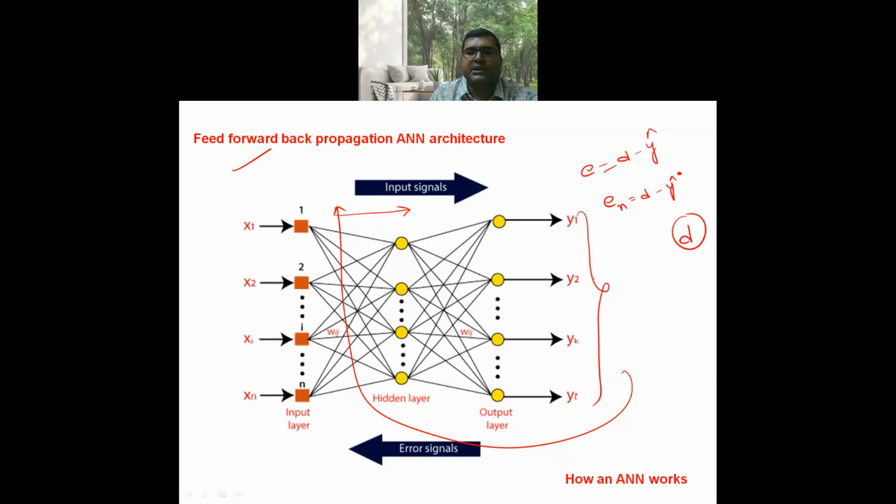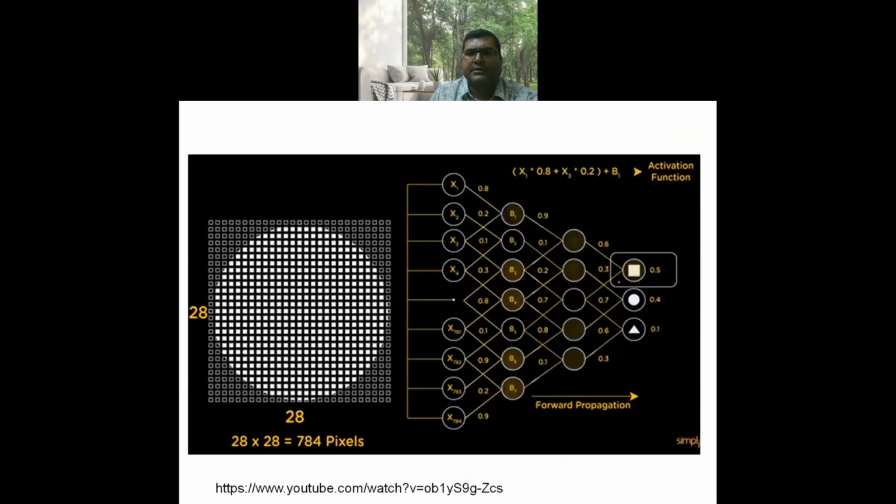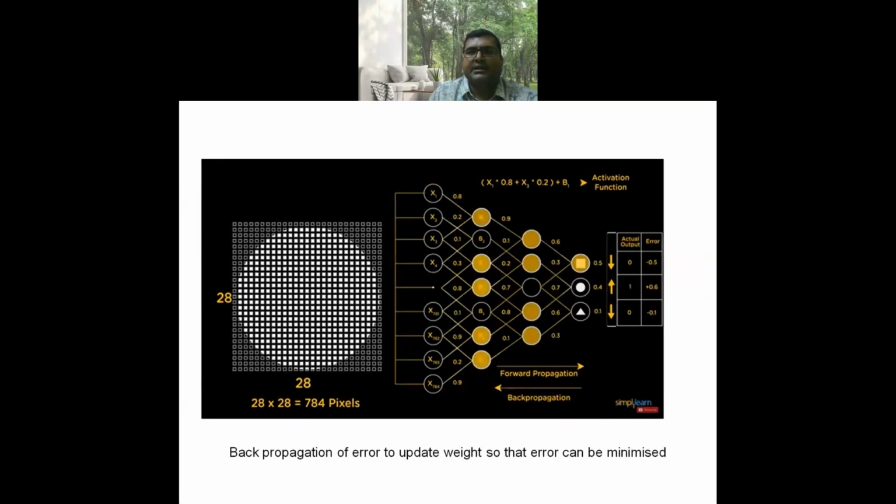And here for weight updation, we can use the least mean square algorithm or the gradient descent algorithm. Why is it called feed forward and back propagation? The signal will be propagated in the forward direction and the error will be propagated in the backward direction to update the weights. Here you can observe the output, which will be compared with the desired signal, and the error will be calculated.